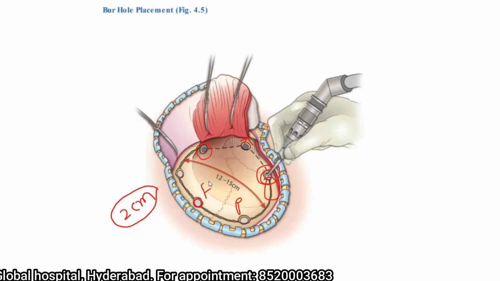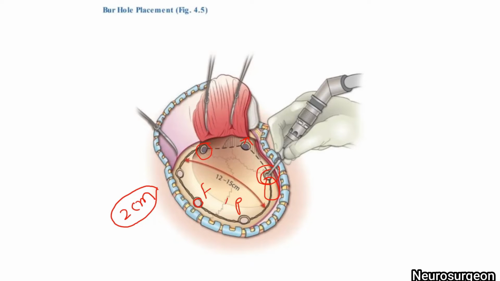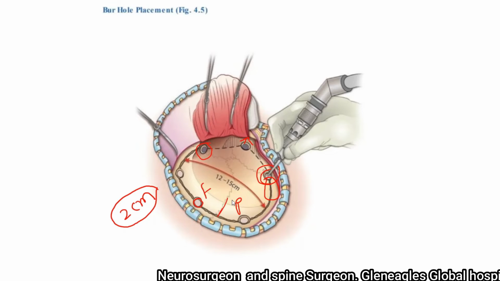This ensures that the dura is not cut while you are elevating the bone flap. This is more important in elderly people, and at the level of the sutures, like the coronal suture, where the dura mater is tightly adherent to the skull.